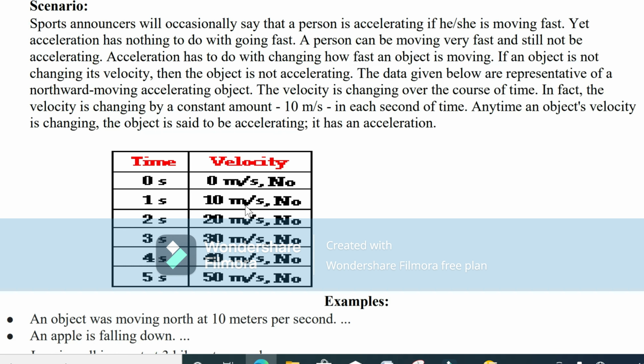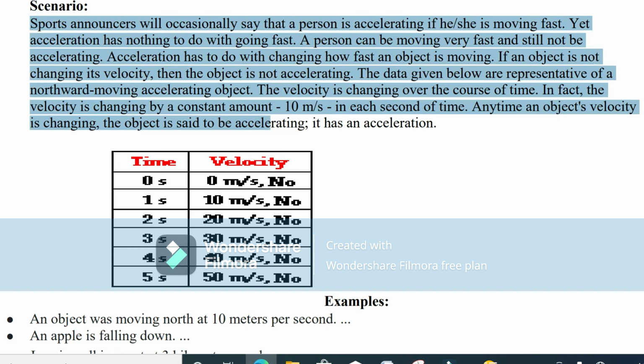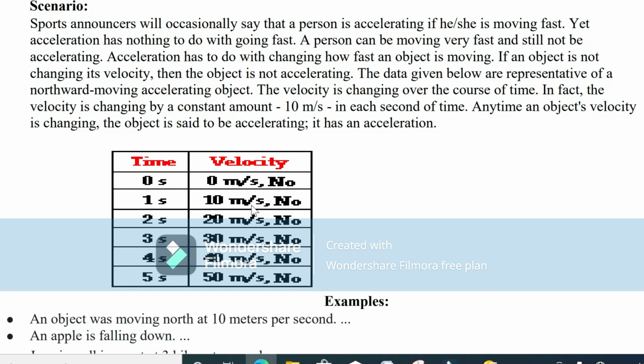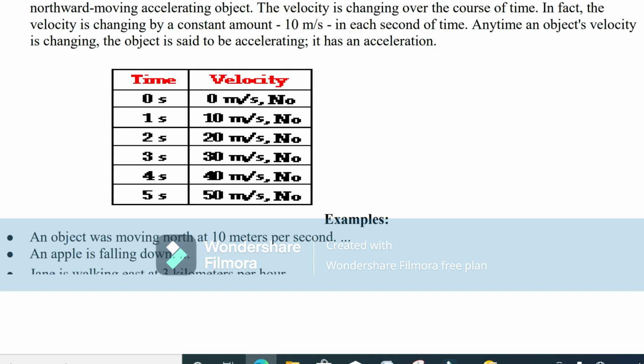This is the scenario which we are discussing here, which is given in this paragraph, which I am going to highlight for you here. So according to this scenario, we have discussed this table for you.